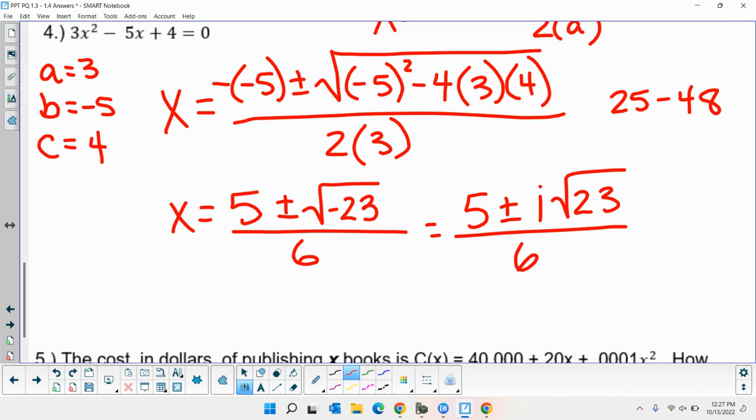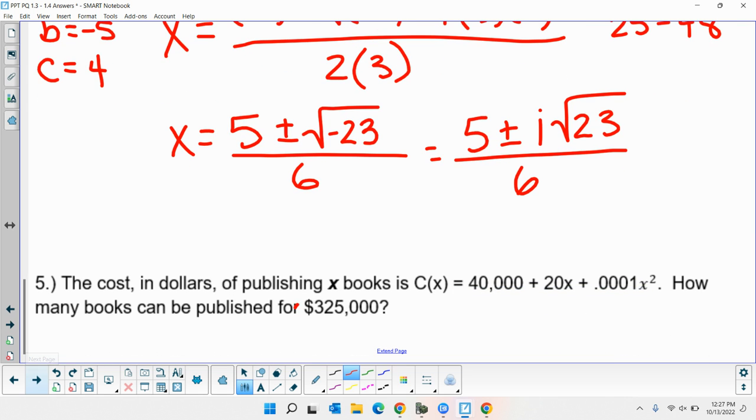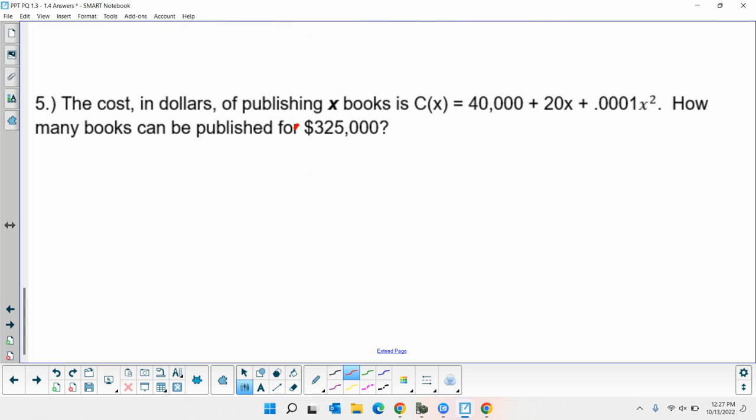Good? Okay, number 5. This is also just a quadratic formula problem. You're going to use the quadratic formula to solve it. But it says this, the cost in dollars of publishing X books.